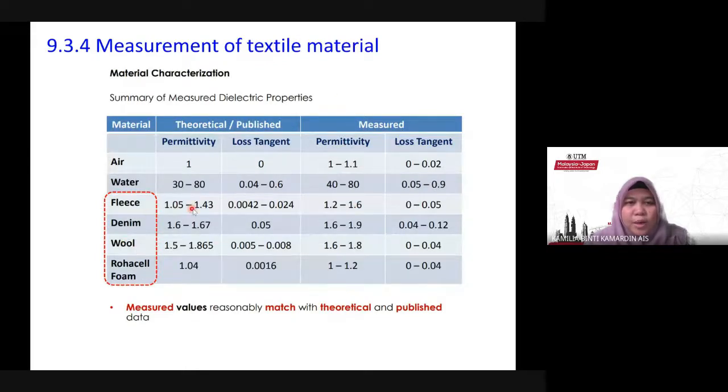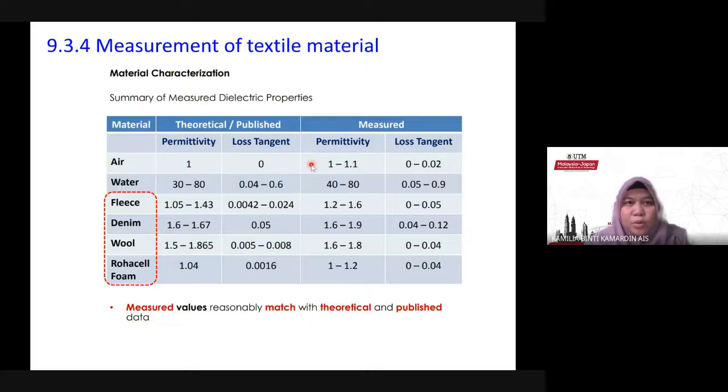So we have published theoretical material values of permittivity and loss tangent, and then we actually do the measurement in the laboratory and try to see whether the values match or not. Fortunately, the measured values reasonably match between the theoretical and published data.